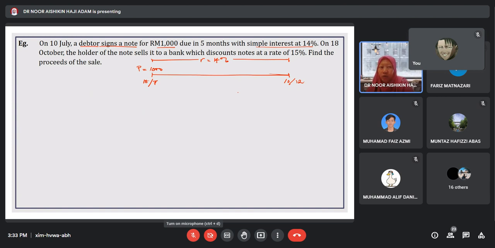On 18th October, the holder of the note, macam Ali tadi lah kan, sells it to a bank which discounts the notes at a rate of 15%. Ini pukul rata je lah, dia dapat je note, dia ambil 15%. Tinggi tu. Okay, 18th October would be the discount date.